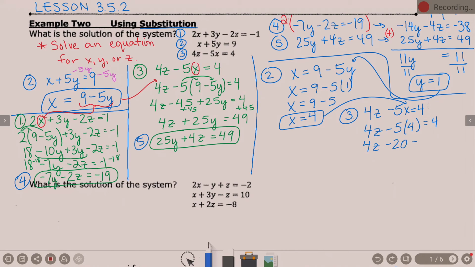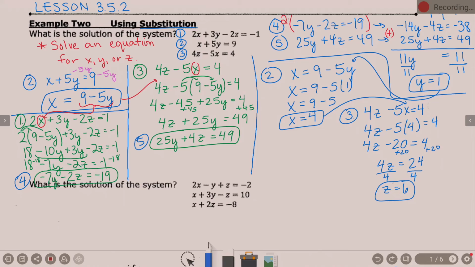So 4z minus 20 equals 4. If it's 4z minus 20, I'm going to add 20. 4z equals 24. Divide by 4, and z is 6.